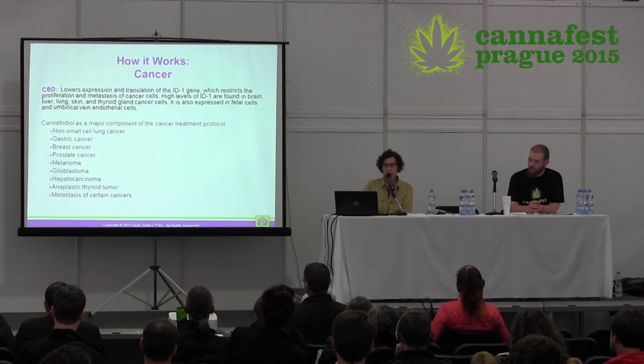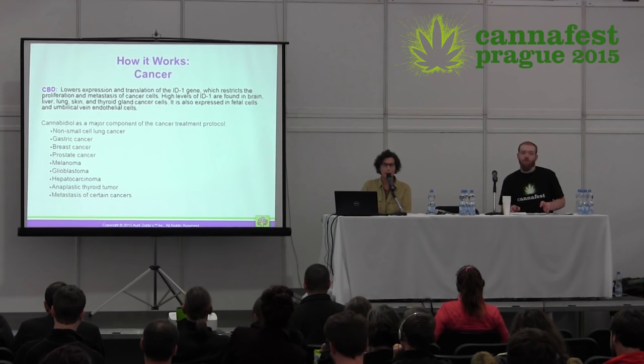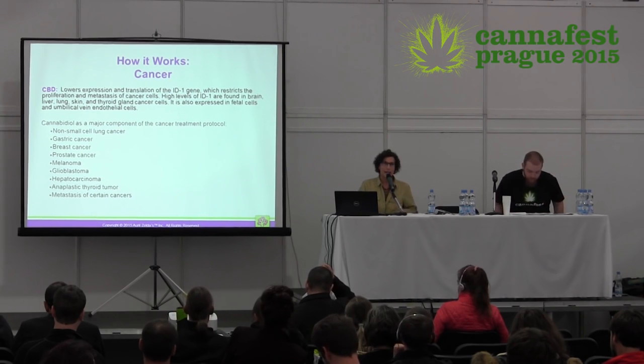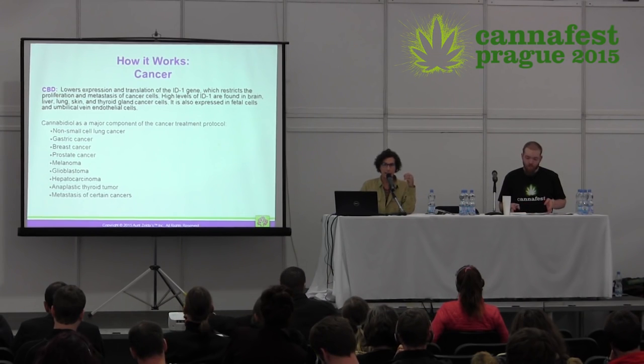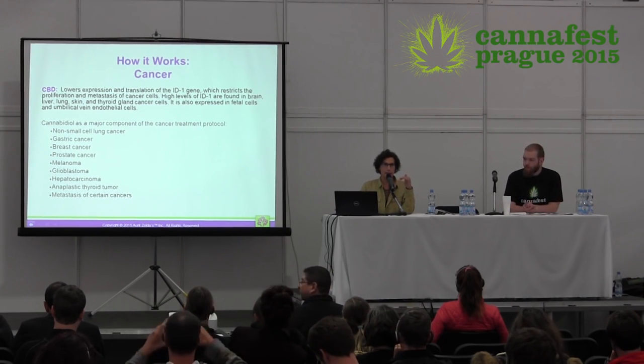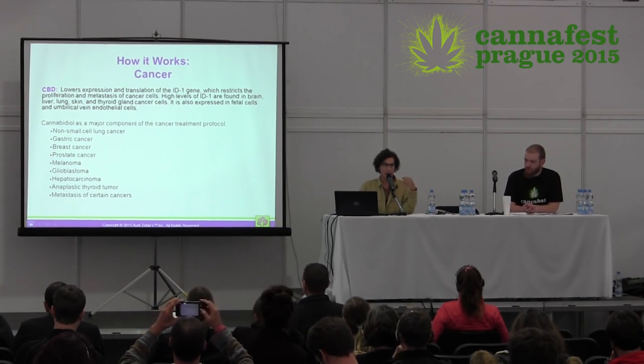The first thing you can do is block the cells from proliferating and metastasizing, at the same time that you can use a much smaller amount of THC to get in there and cause the chemical cascade resulting in apoptosis. So this allows people to use much, much lower levels.